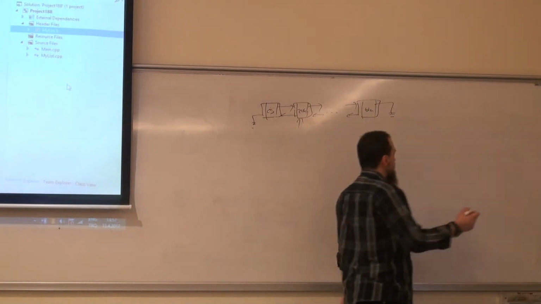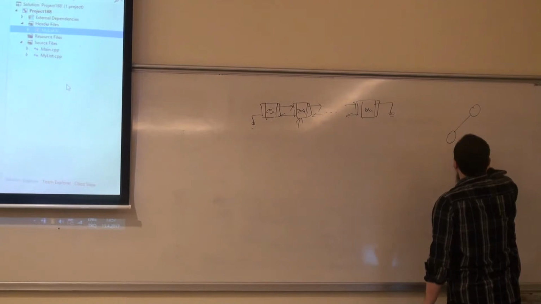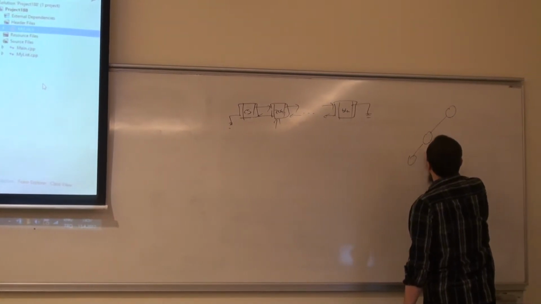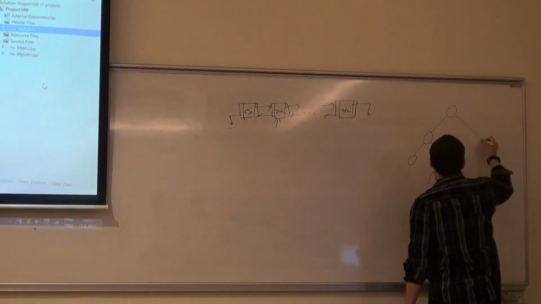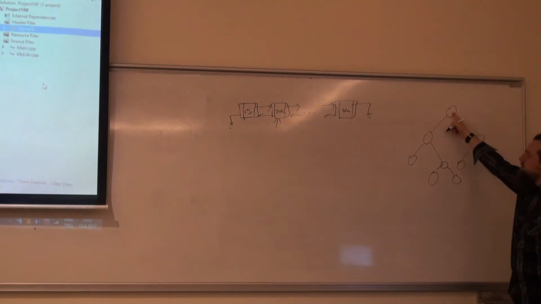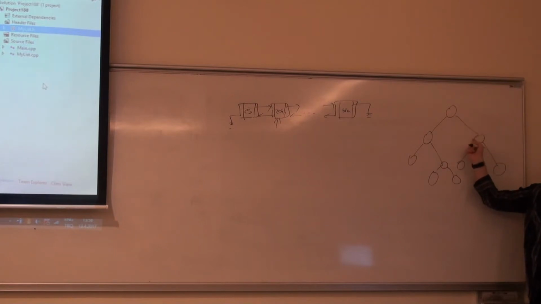However, we have examples like this. We have data structures like this one. This is also a data structure. Here we have the right and the left pointer.